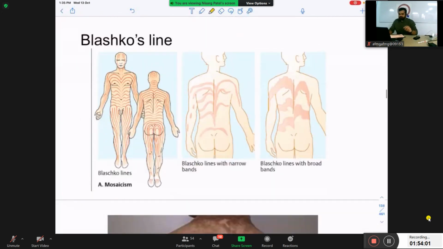Third is Blaschko's line. Blaschko's line. Third is Blaschko's line. These are the lines of embryological development.